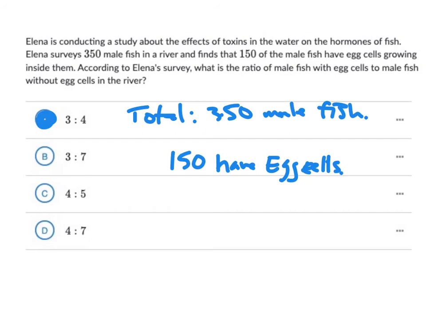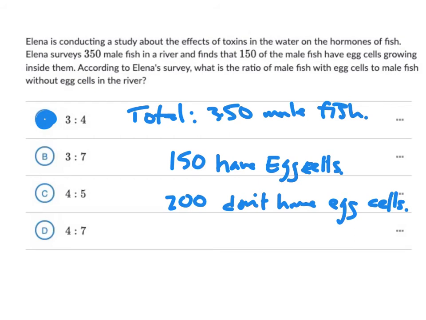So if you have 300 total fish, 150 of them have egg cells. How many don't have egg cells? 200. So 200 don't have egg cells. Yep.